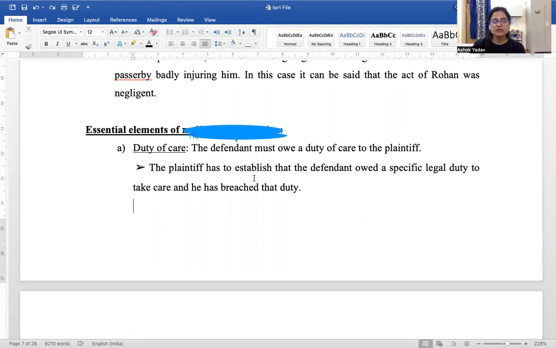The plaintiff has to establish that the defendant owed a specific legal duty to take care and that he has breached that duty. So the first essential element of negligence is duty of care. It was the duty of the defendant to take care of the plaintiff, right?